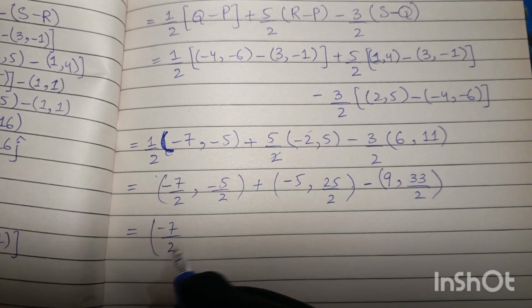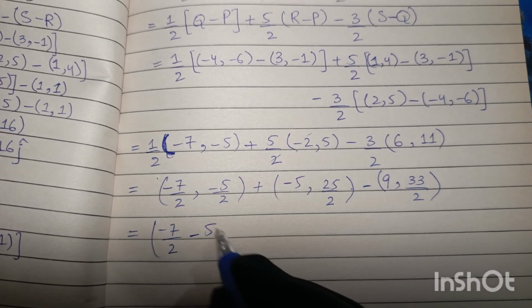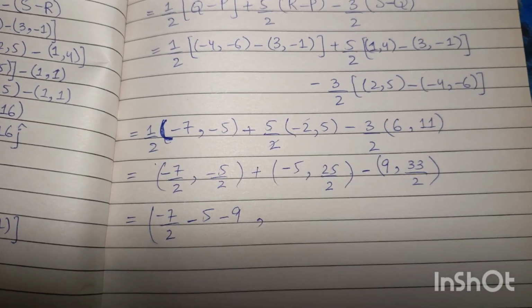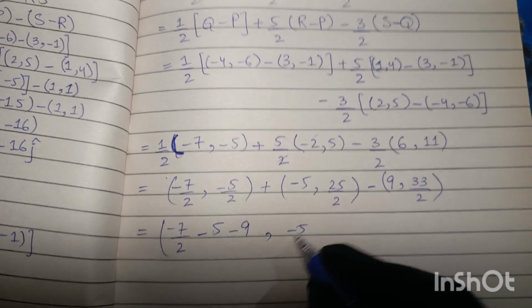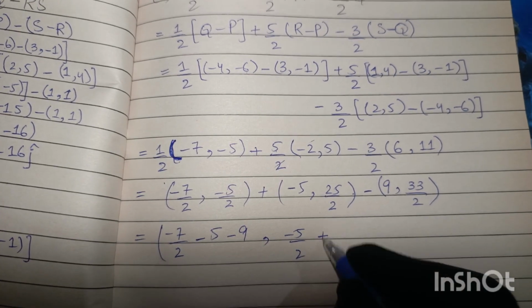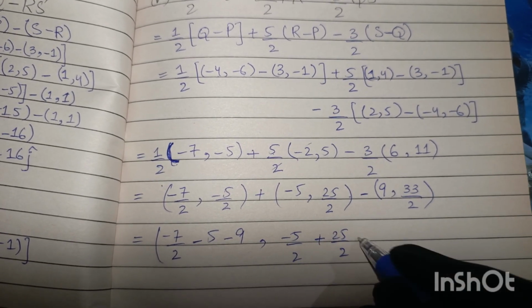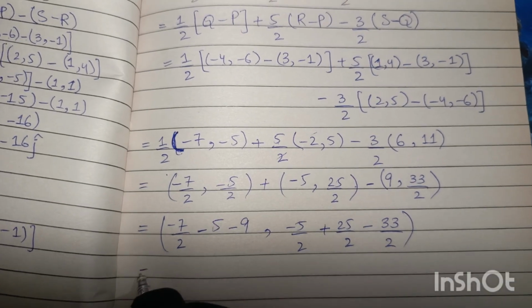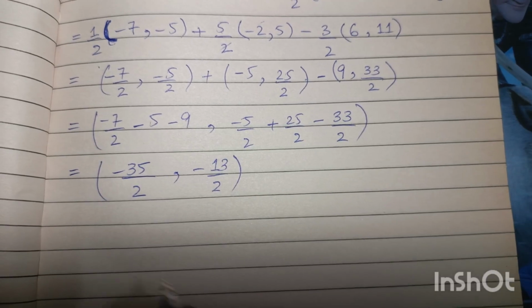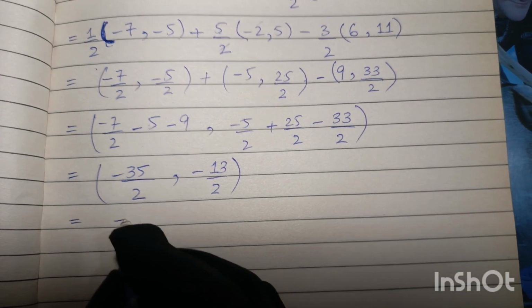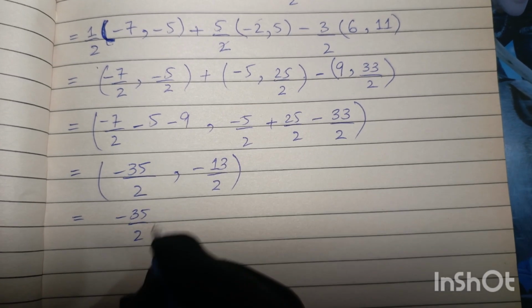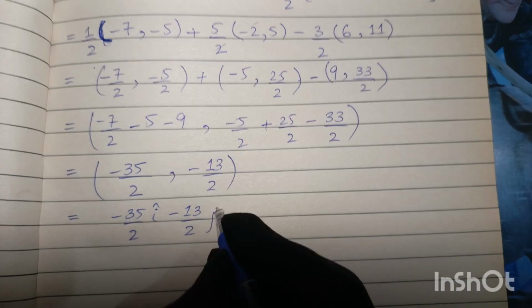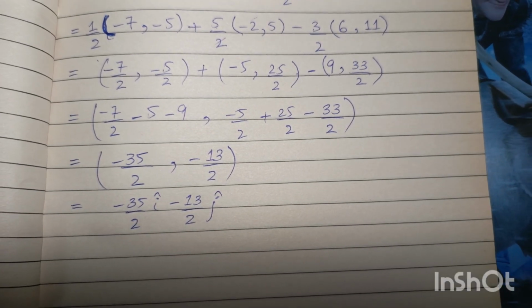So -7 by 2, -5, -9. This will be the first component, and the second component will be -5 by 2 plus 25 by 2 minus 33 by 2. So if we write this in component form, we will get -35 by 2 i - 13 by 2 j. So this is the final answer.